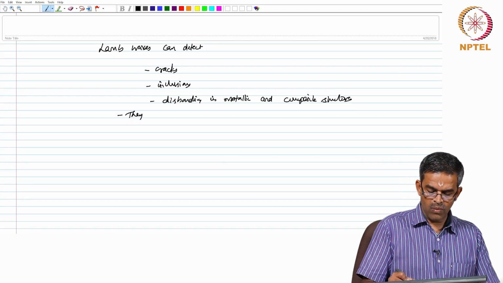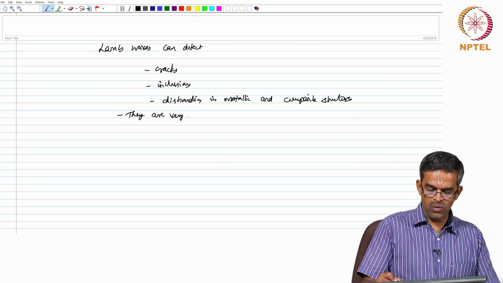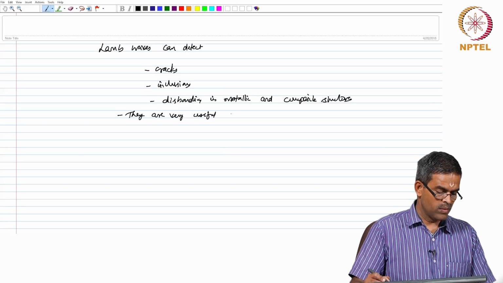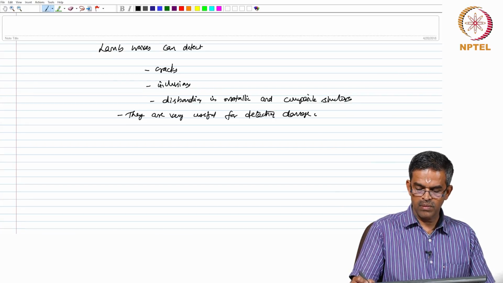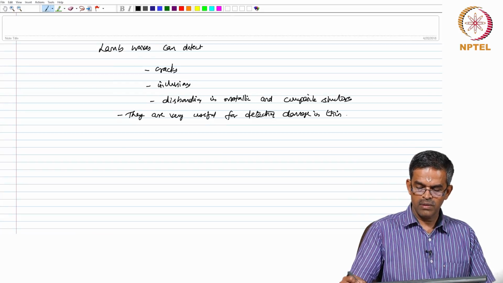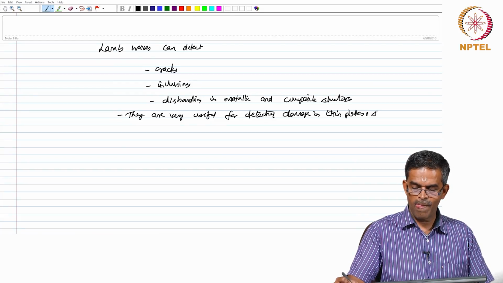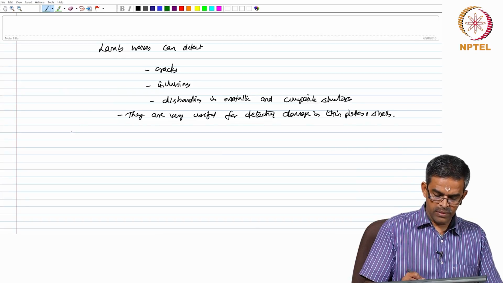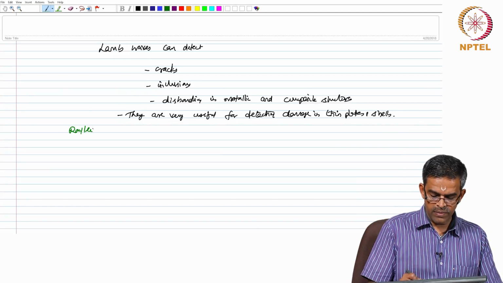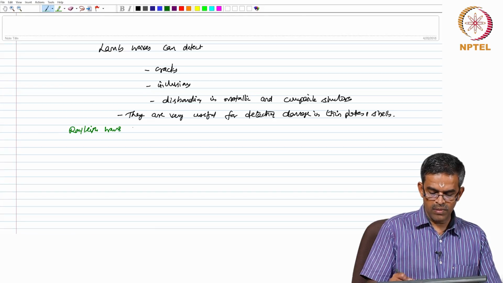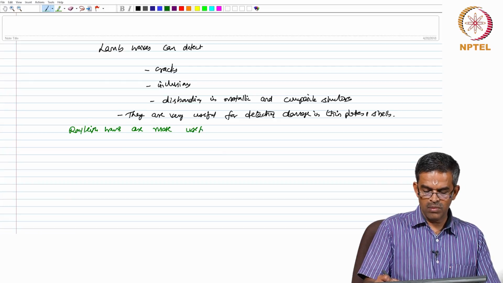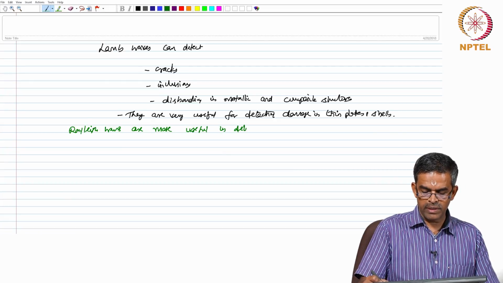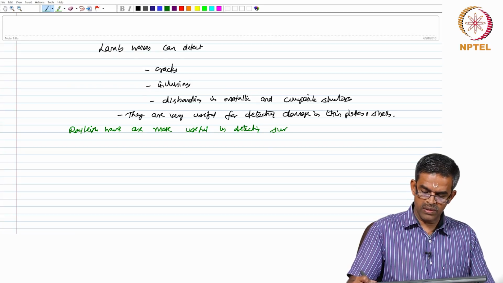They are very useful for detecting damage in thin plates and shells. However, Rayleigh waves are more useful in detecting surface defects.